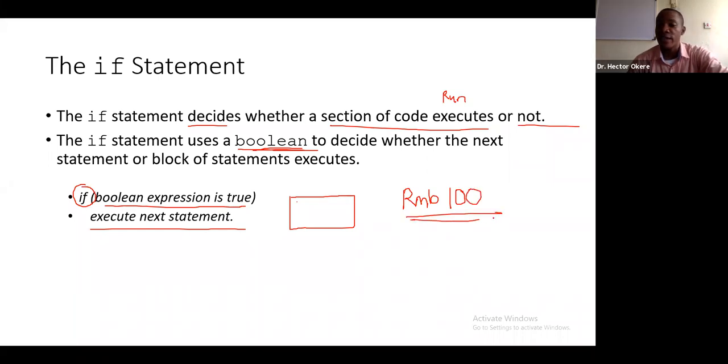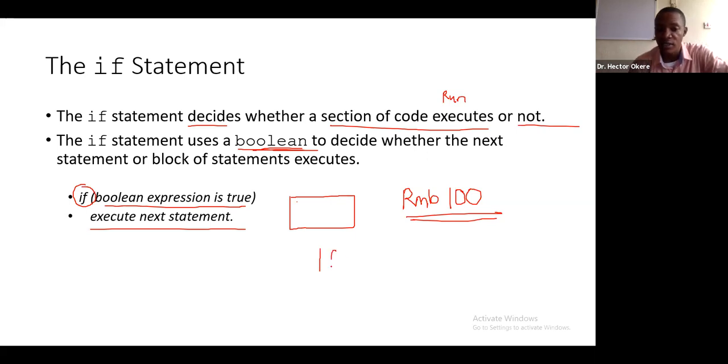Now, you love this ice cream and you want to buy it, but you check your wallet, your purse, or your pocket. Do I have 100 RMB in my pocket?